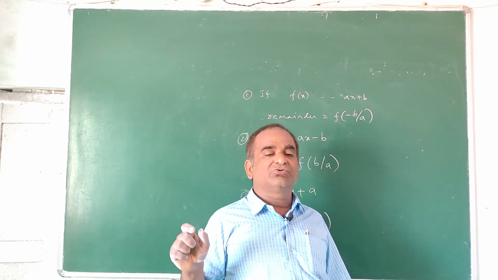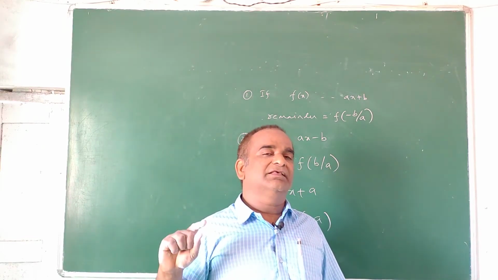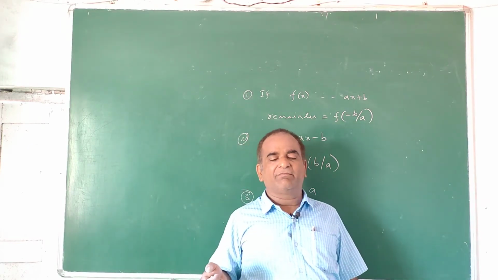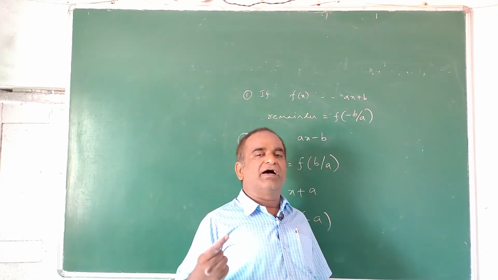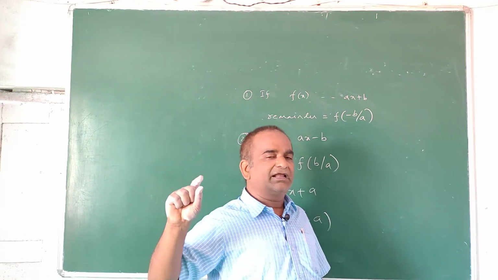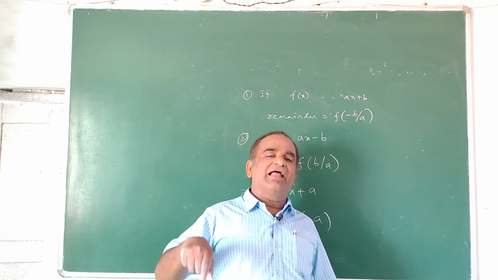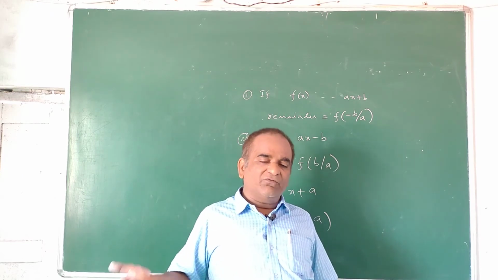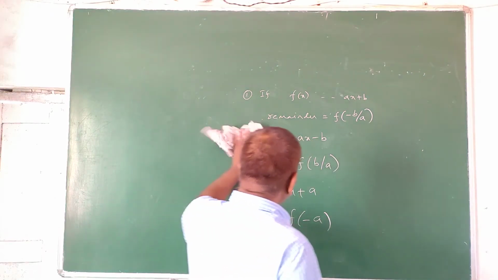So please do understand one point. In remainder theorem, divisor is a linear polynomial. So whenever you are applying remainder theorem to solve a problem, go to rough work, take the divisor, equate it to 0, get the value of x. At that value of x, find the functional value. That would be the remainder. It is very simple to understand.